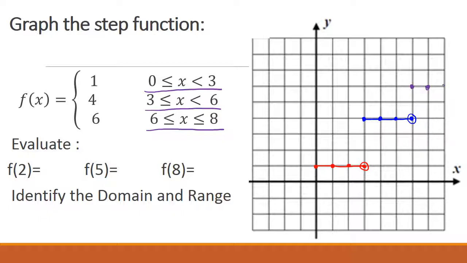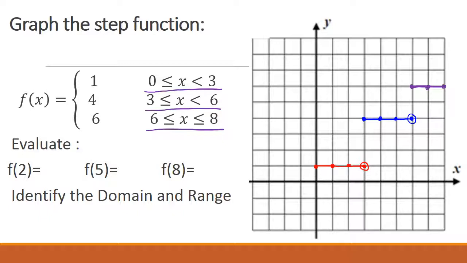And x equals 8, the y value is 6. And this is the last piece of the function. Since I'm including both 6 and 8, I don't have any open circles. If you look at this graph, you will see that it looks like a staircase. That's why this piecewise function is also called a step function.